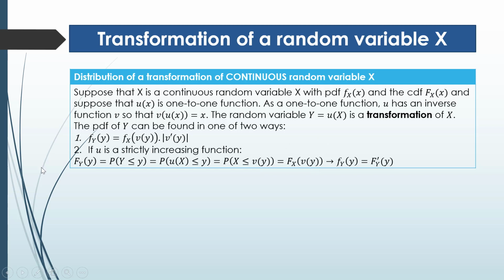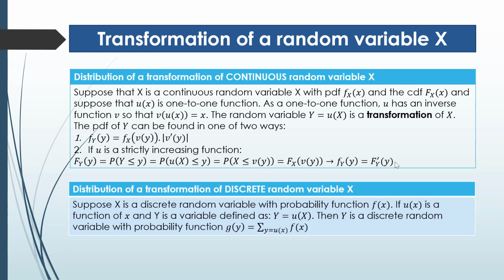Now we have the CDF of Y. To find the density function, we simply take the first derivative with respect to y. So the density function little f_Y(y) is the first derivative of the capital F_Y(y).